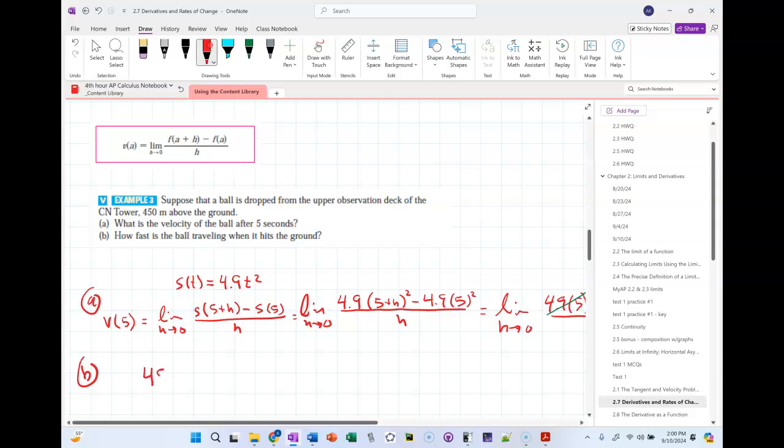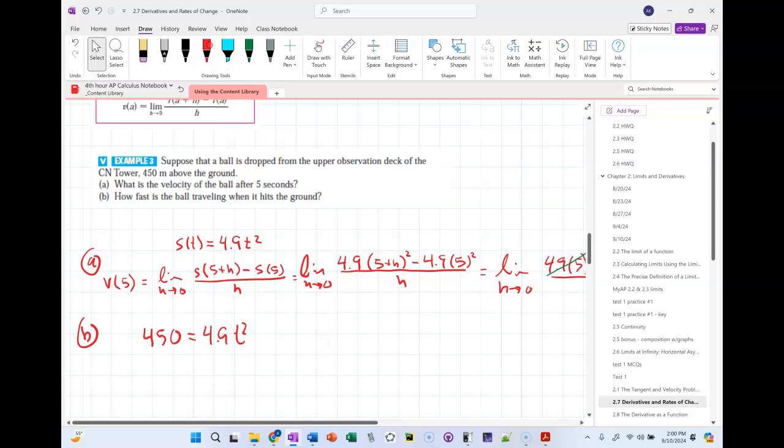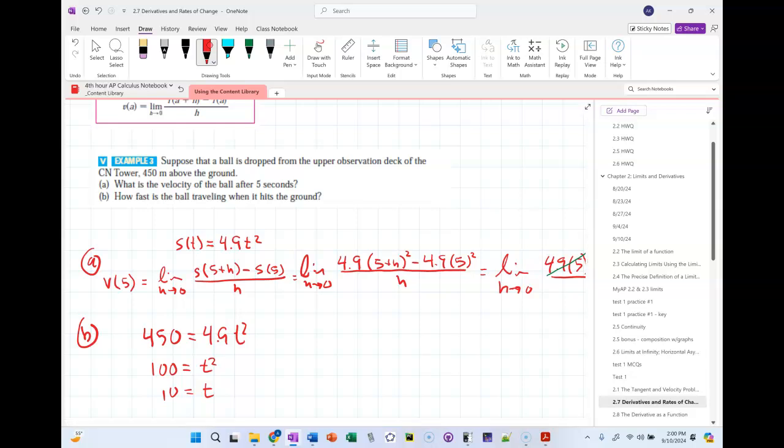So that's going to be my S of t. And I'll just solve for t, right? So I divide both sides by 4.9 and I get 100. So t should be 10. Do you feel good there? Okay.